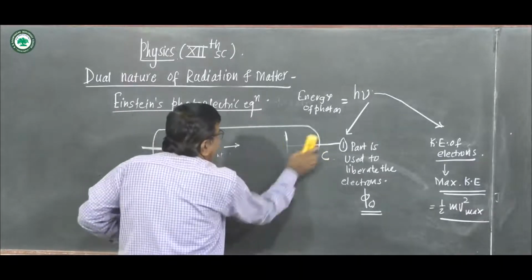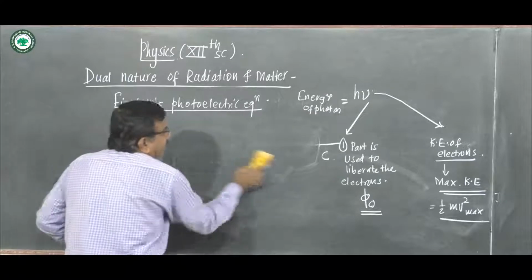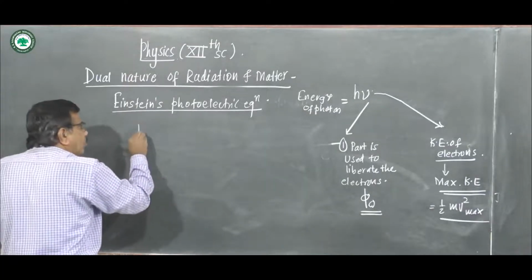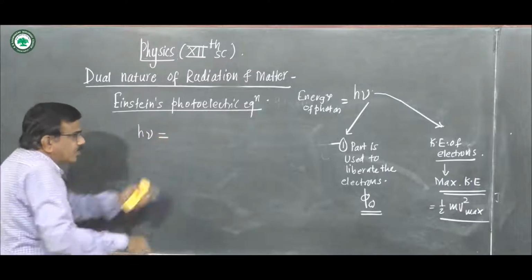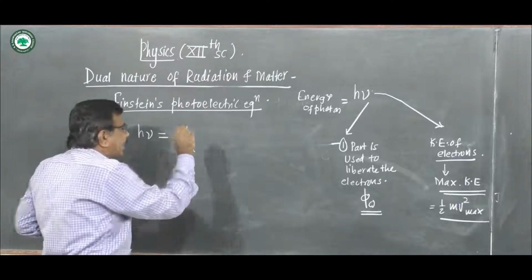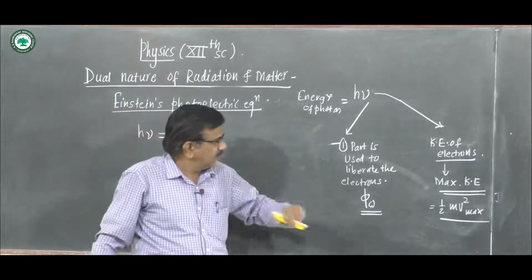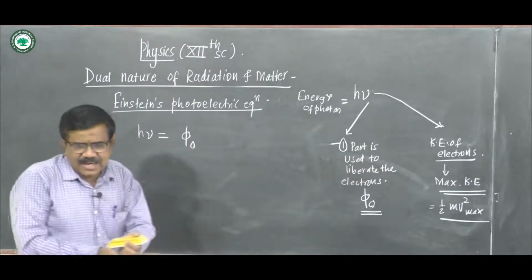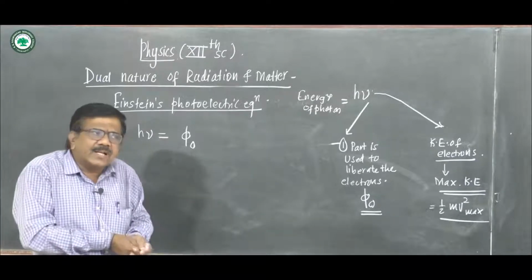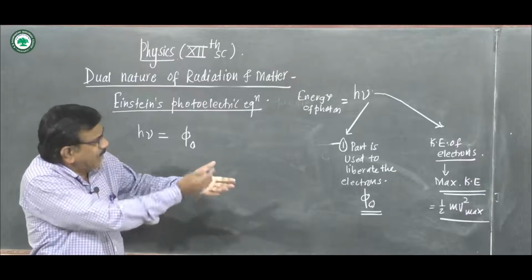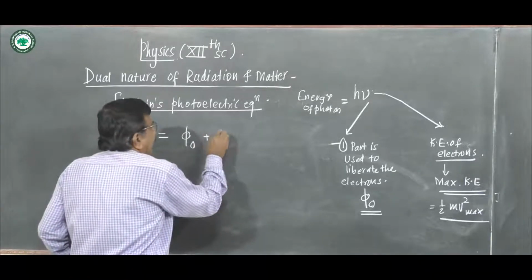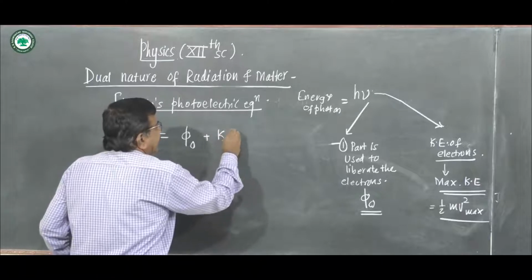Hence we write the equation as h nu, that is the energy of the photon, used in two ways. Some part is used to liberate the electrons, that is the work function. The remaining part appears as the kinetic energy, and if there is no loss of energy, electrons move with maximum kinetic energy, and we call it 1/2 mv square max, or we write it as kinetic energy maximum.